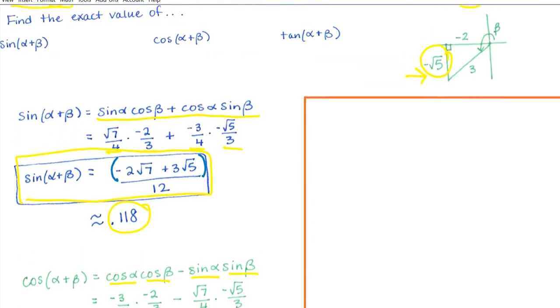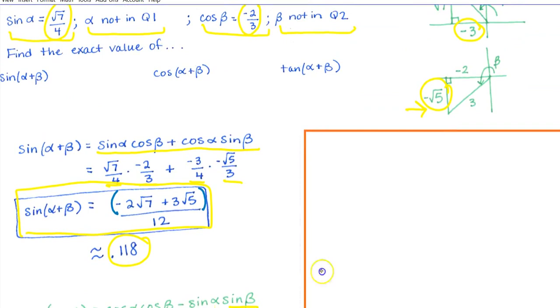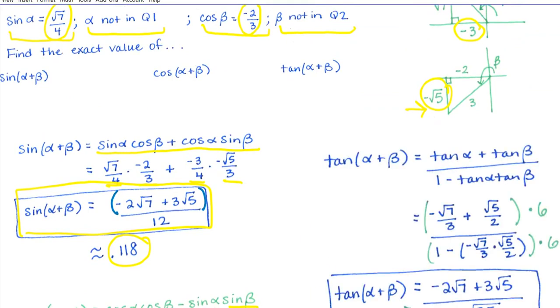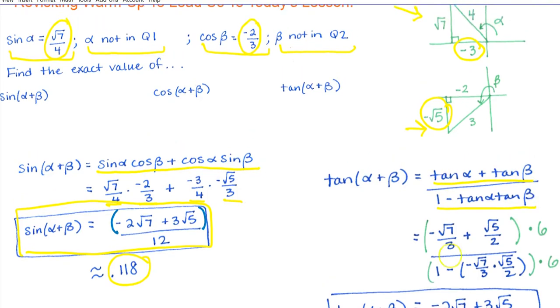Okay, then the third one we were asked to find is tangent. So the tangent of alpha plus beta is tangent alpha plus tangent beta over 1 minus tangent alpha tangent beta. Look at the reference triangles, find all of those values, plug them in.